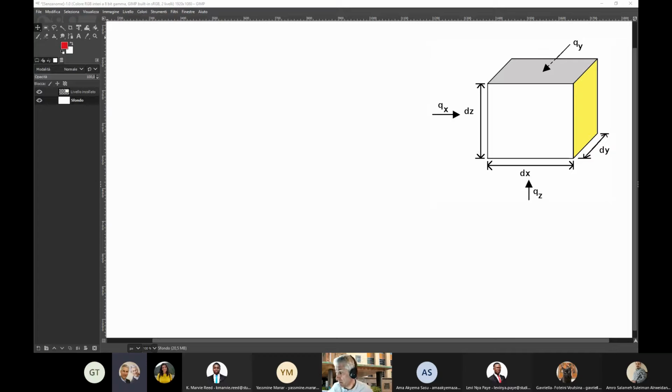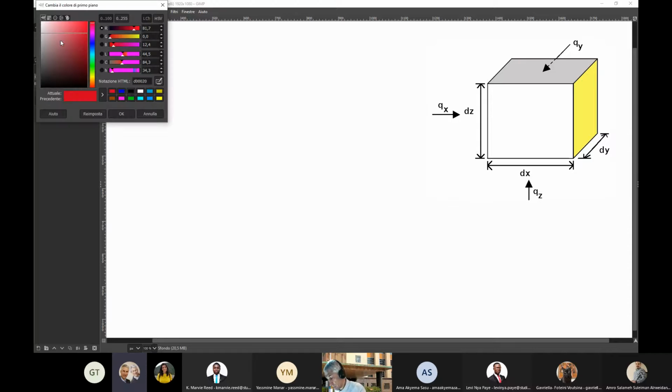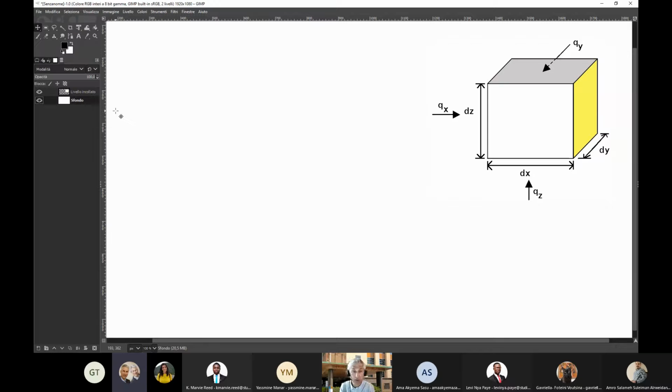And you may remember that after some mathematical development, we got to this form of the mass balance equation for this elementary volume.